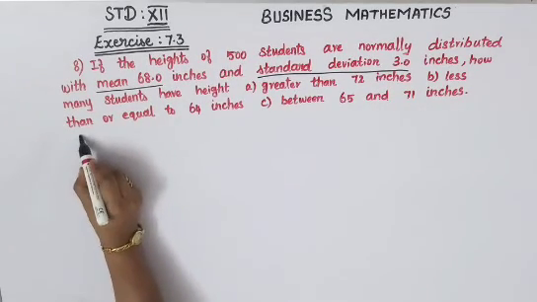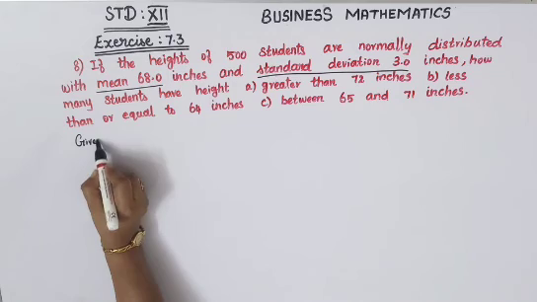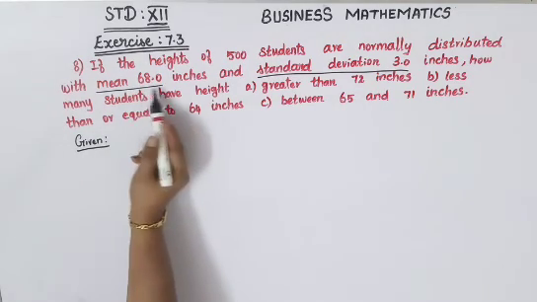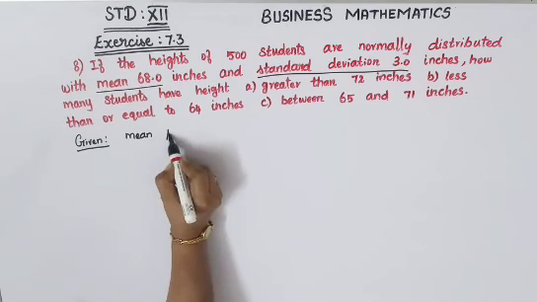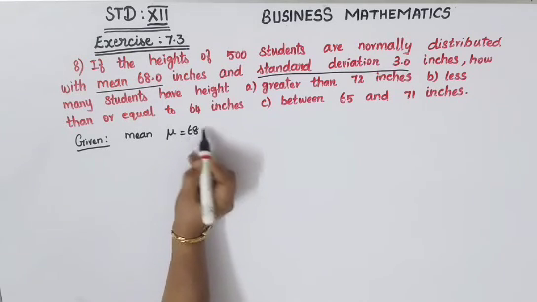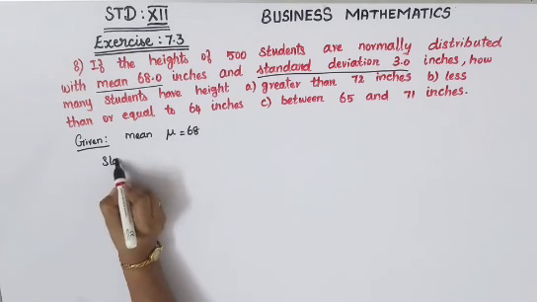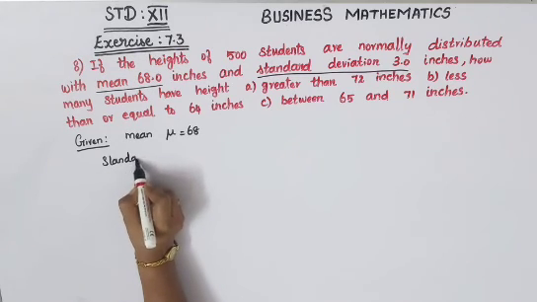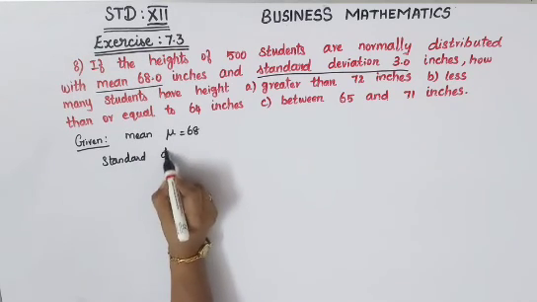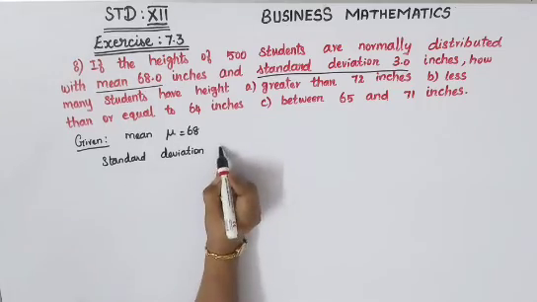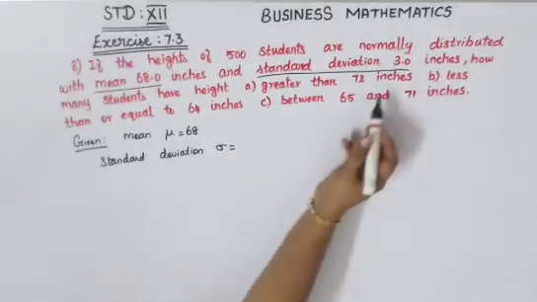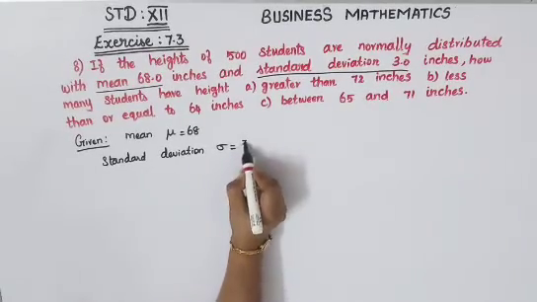Okay. So given the mean is 68, so mean mu is equal to 68. Standard deviation, that is sigma, is equal to 3, they have given 3.0, which we can take as 3.